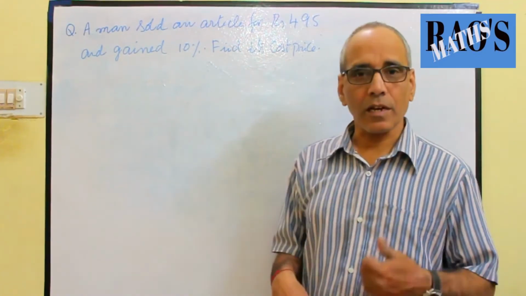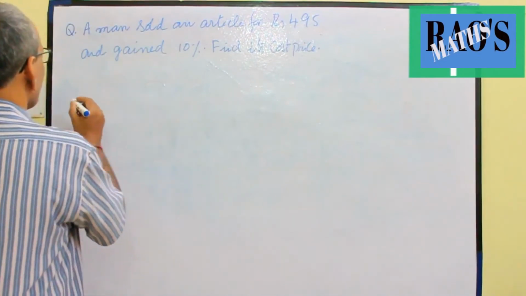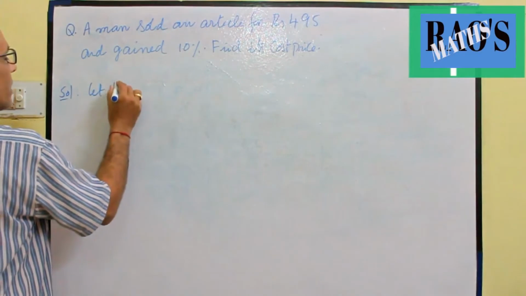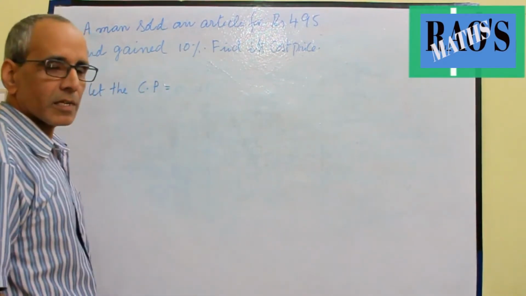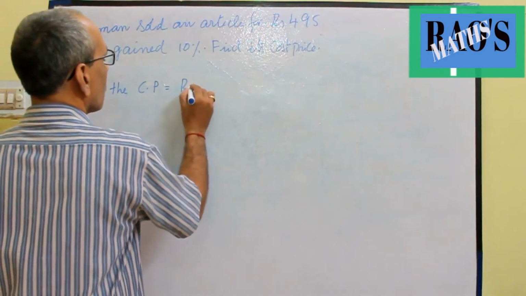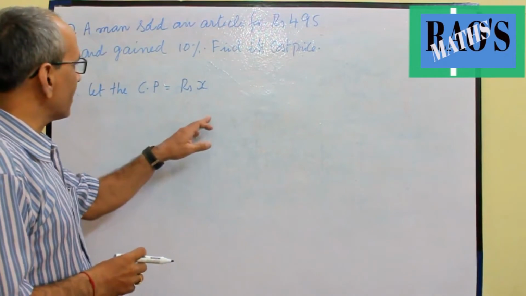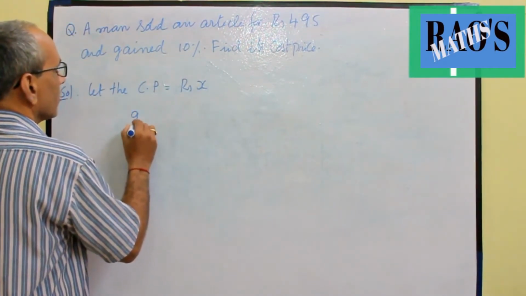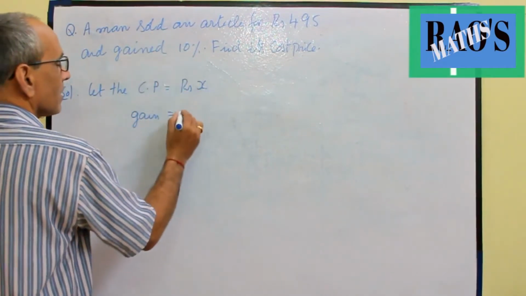Since the cost price is unknown, I declare the cost price of the article is rupees X. So in my solution, let the CP, the cost price of the article, be rupees X. What profit did he make on rupees X? 10%. Let me calculate the gain on rupees X at 10%.